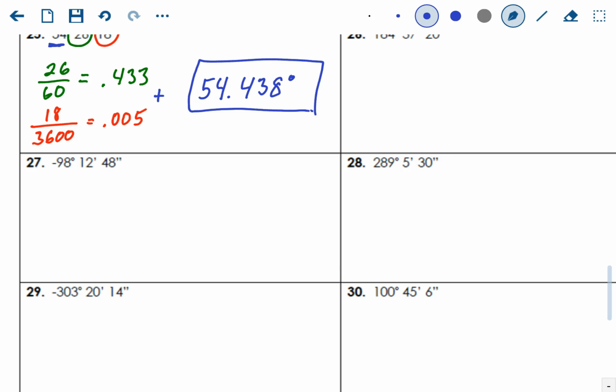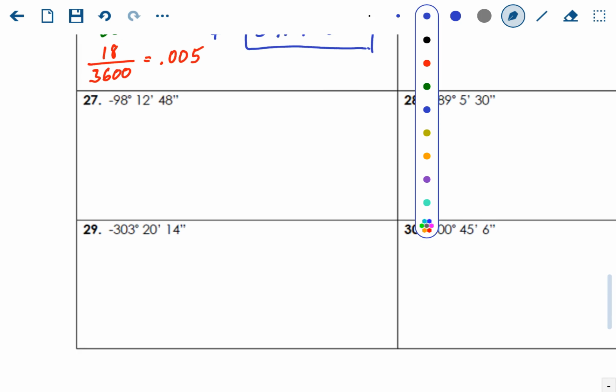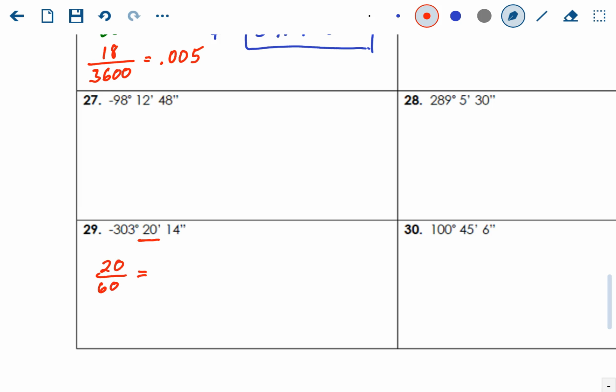Let's do, I don't know, let's do 29. Same thing on 29. Divide the minutes by 60, going to be 0.333 repeating.